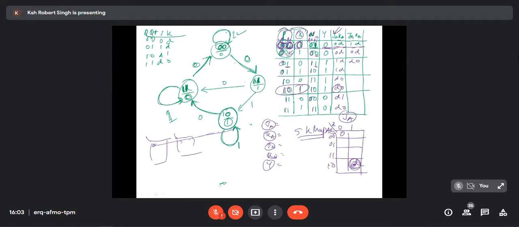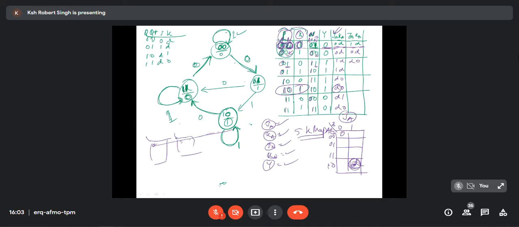If don't care is there, it is very good at the time of K-map simplification; you know very well don't care will help you. So you will definitely find expressions for JA, KA, JB, KB, and Y. Or if you want to try at home, I will tell you the answer. You can check it at home if you have time.